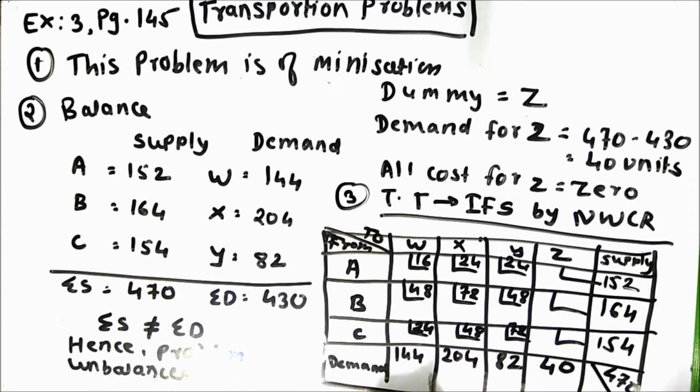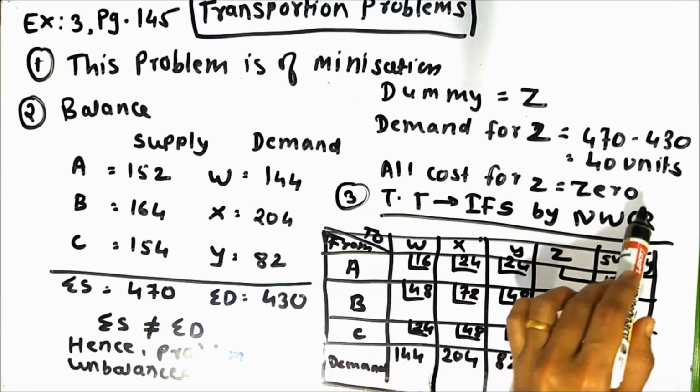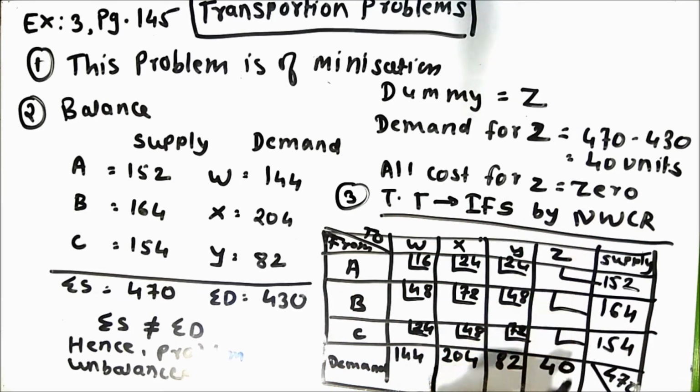Now these are the existing costs which are given in the question, but for Z we are considering the cost will be 0. So for the dummy column we'll be writing the cost as 0. So we have written all these zeros, and the value of the dummy is 40.